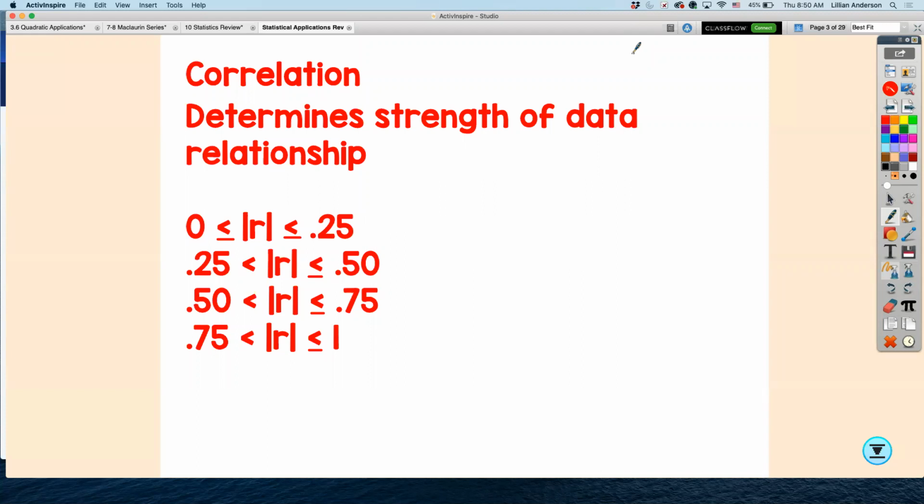This was the breakdown. R represented our correlation coefficient. If the absolute value of R was between 0 and 0.25, the relationship between our two variables was very weak. Between 0.25 and 0.5, it was weak.